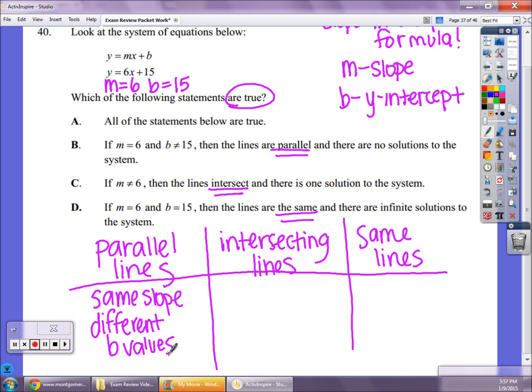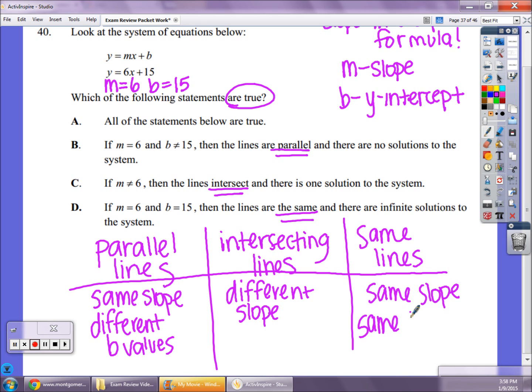Intersecting lines will have a different slope, and the y-intercept is what doesn't matter. So we just have to have a different slope. And the same lines will have the same slope and the same b-value.